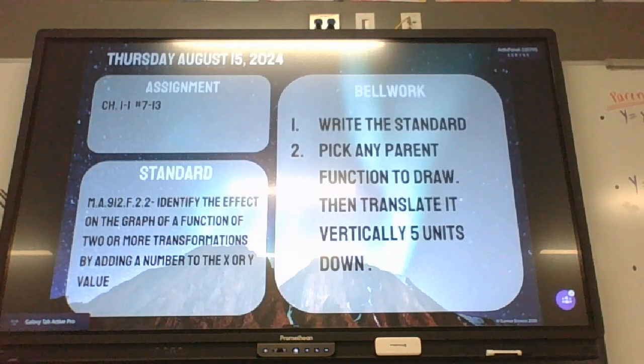We have an absolute value function translated down 5. And I got something to point out here. This is great. Got the V shape down 5 units. Went the extra mile, wrote the function.